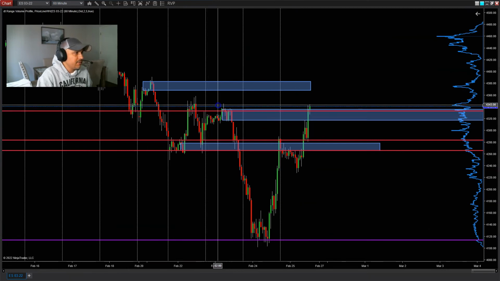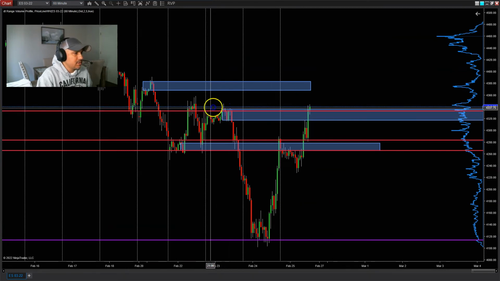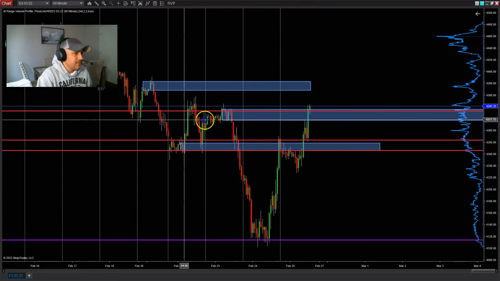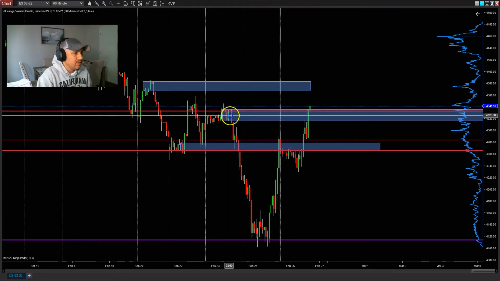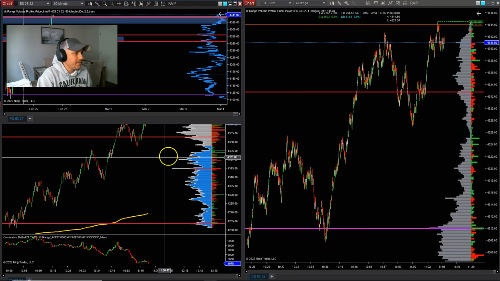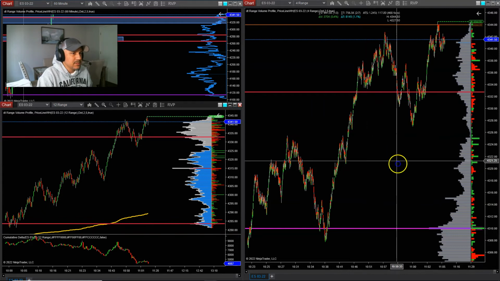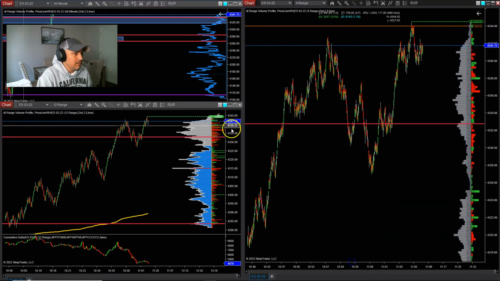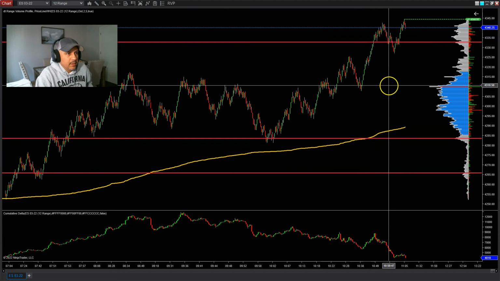Looking for rejection off of the 12 range with price pulling back into the 1 hour chart here, into this area of resistance, or area of supply, I should say, on the 1 hour. So I'm just scalping along here.